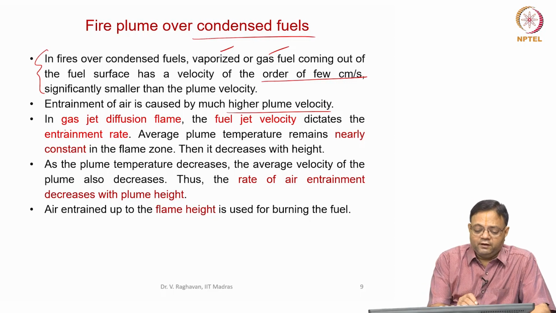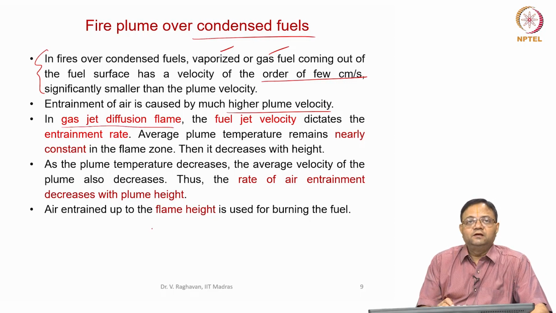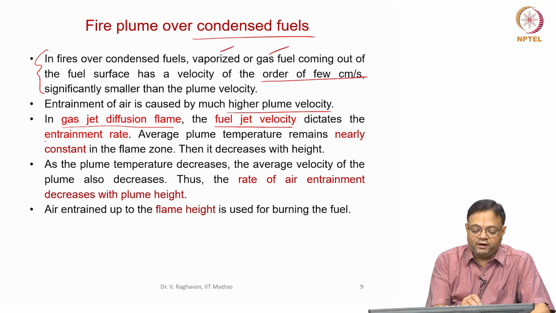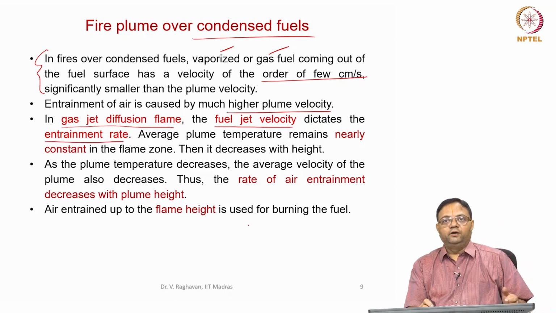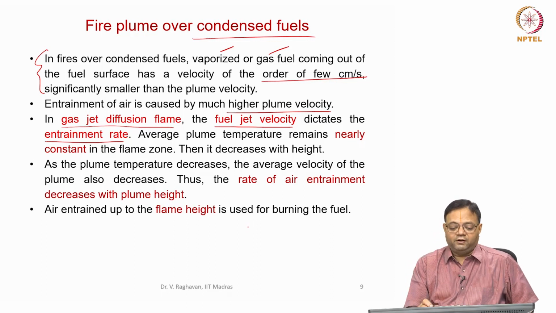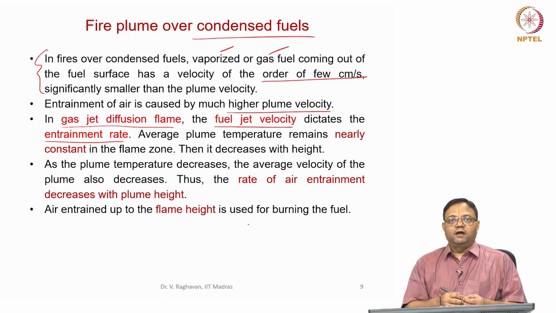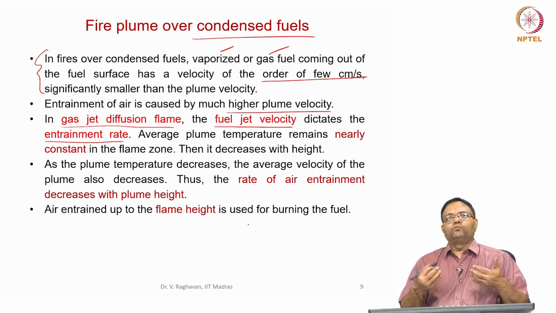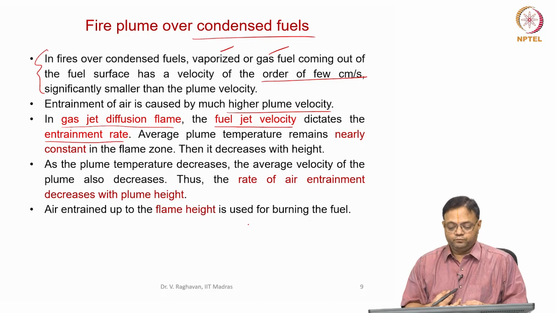Now, if we take the gas jet diffusion flame, we have a definite value for the fuel jet velocity, and that dictates the entrainment rate. As you increase the fuel jet velocity, the entrainment rate also increases. In this case, when you are in the laminar zone, the flame length also increases because it needs more and more air to burn.